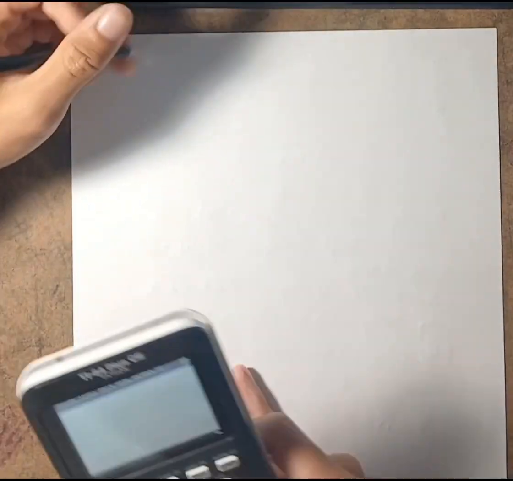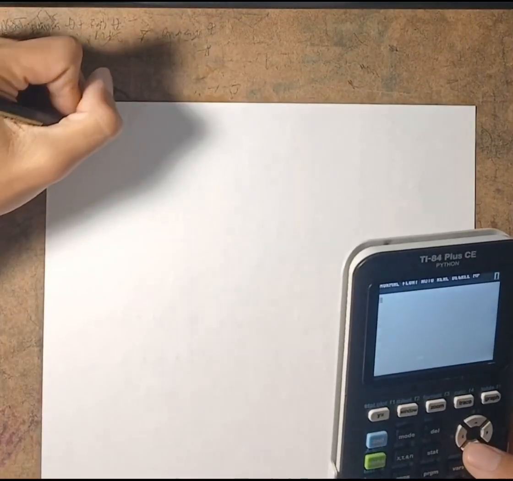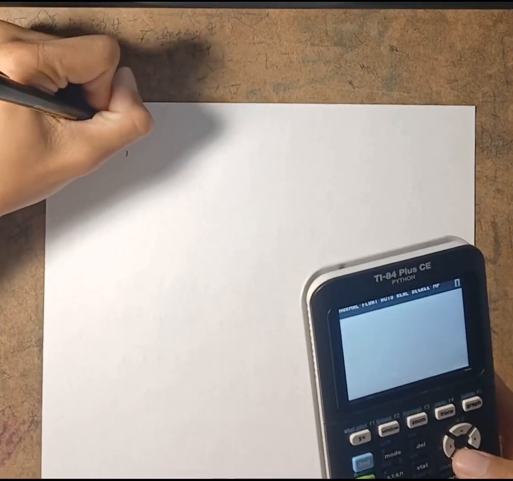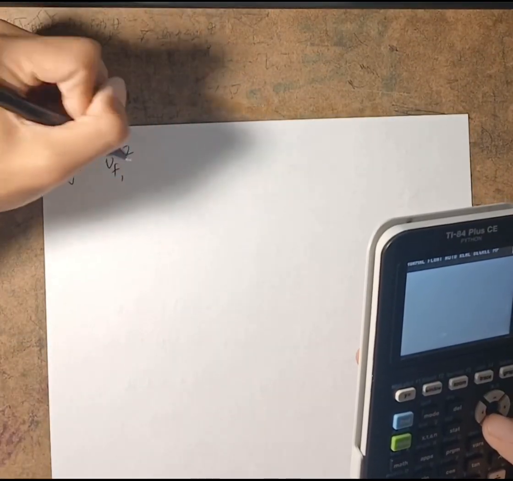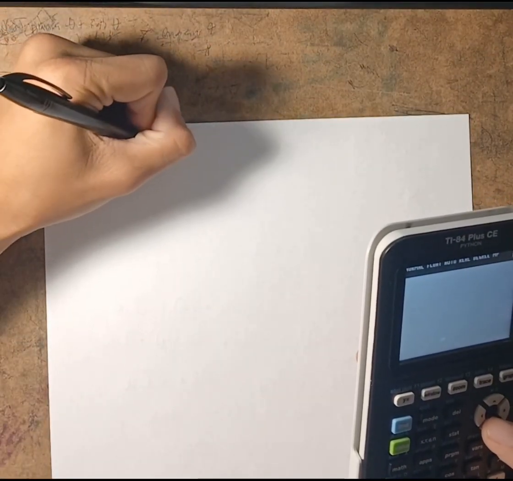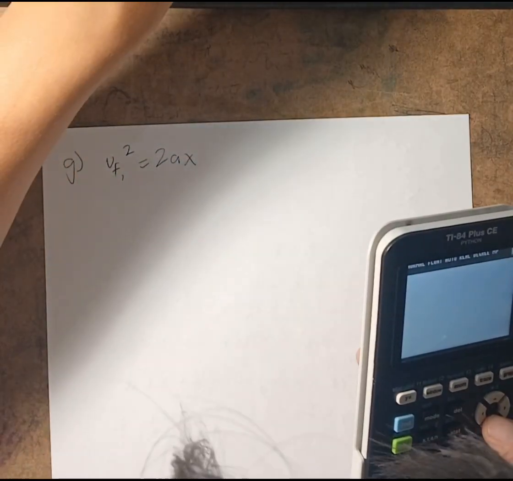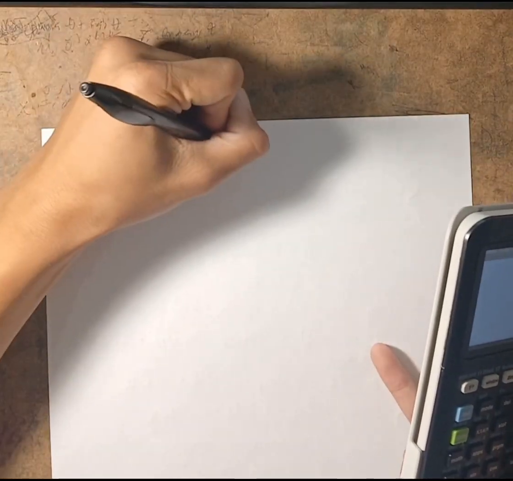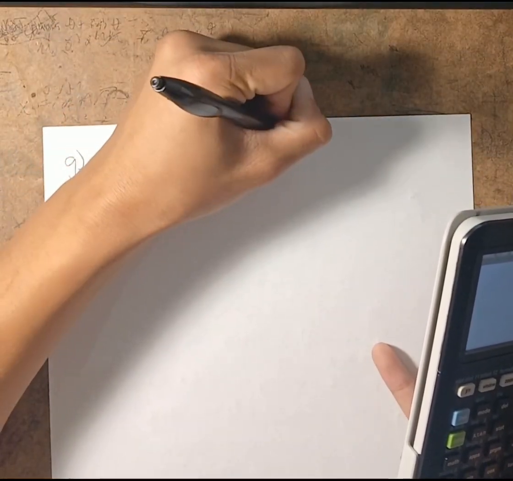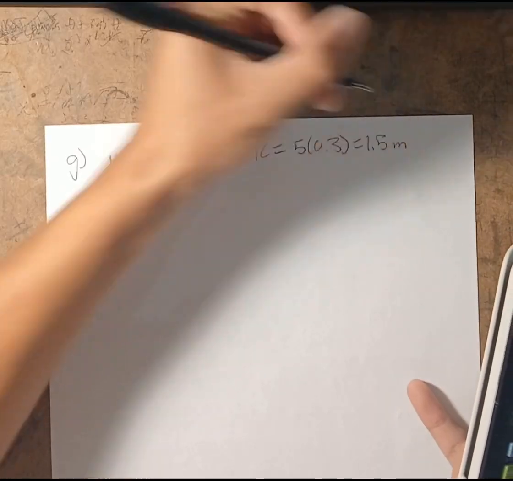Part G, kinetic energy. All right, so what we can do is find the velocity of m1 when it has fallen a distance equal to 5 big R, and big R is 0.3, so that's going to be 1.5 meters.